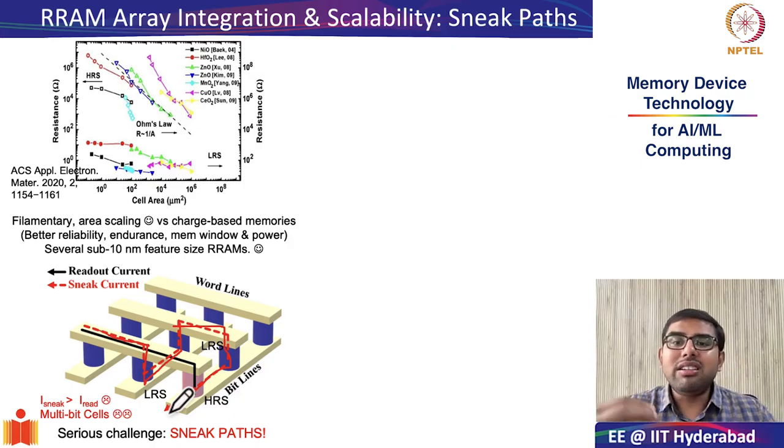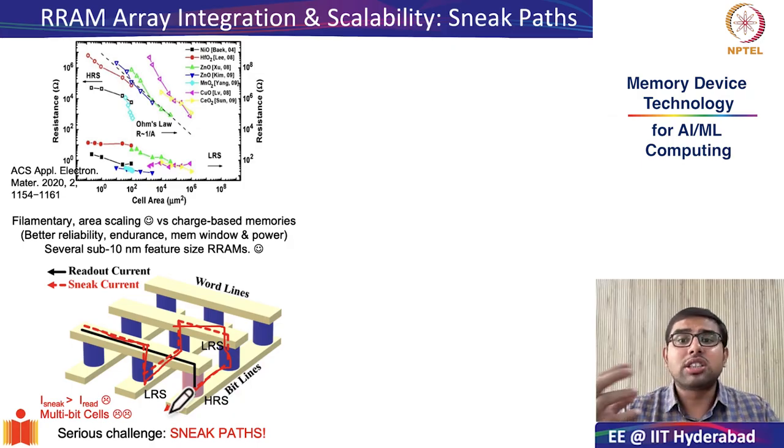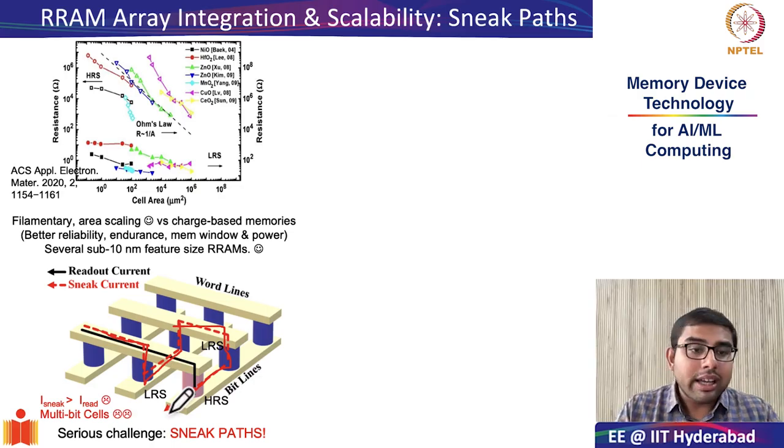And these unintended paths or sneak paths become a very big source of errors, especially in multi-bit cells, where sometimes the sneak currents can be more than even the read currents. And this is what prevents the large-scale integration of RRAM cells.